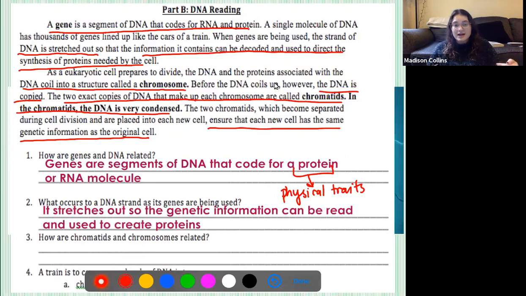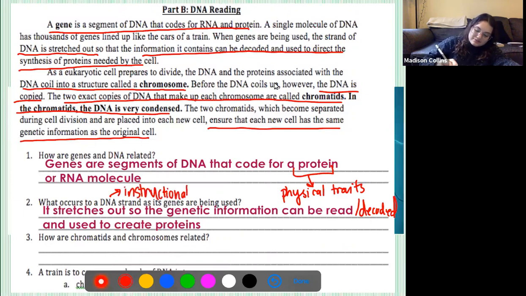That's the same thing that happens with our genes and with our DNA. So our DNA is physically stretched out so that all of that information, that instruction manual, can be read and decoded in order to be used to create and to build proteins. So DNA really is the instruction manual for the cells.